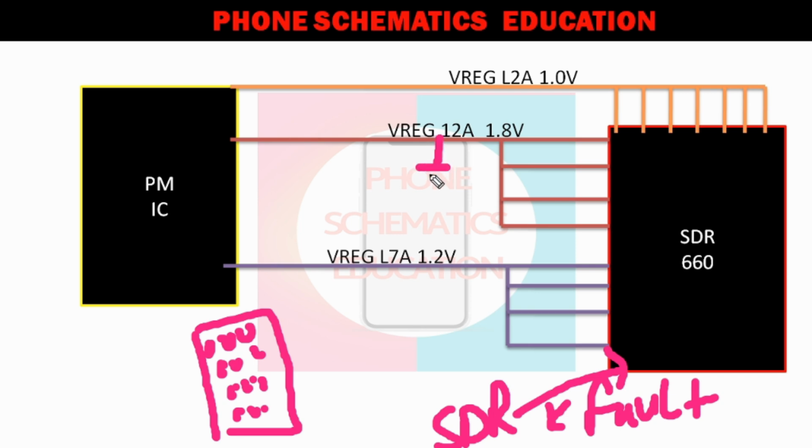Suppose on this capacitor you get 1.8 volts here; that means this line is connected from here to here. It does not mean this line is connected to this pole. So for this, you will do two things. First, you will get a diode value here. If you get a diode value, that means this line is connected from this pole. So you can check other balls for the diode value, also with the beep mode method. I will tell you how. Clear? If you have any question, then comment.